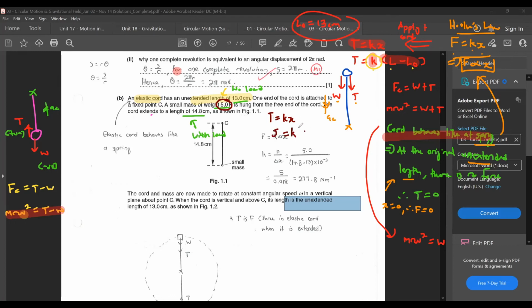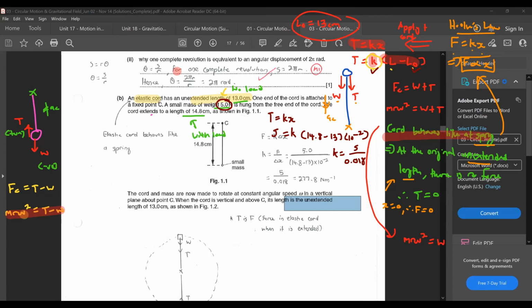K is what you want to find. Your extension here is 14.8 minus 13 multiplied by 10 to the power minus 2 because you want to change from centimeter to meter. Okay. So all in all, your K is going to be 5 over 0.018. So you've actually tackled this part where you know what K is and you know what L naught is. The only unknown here is your L.